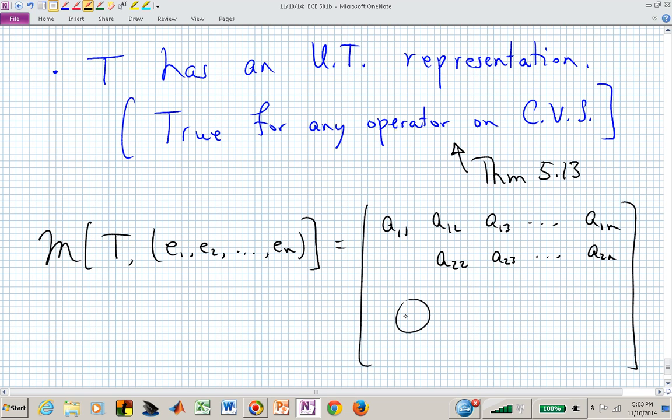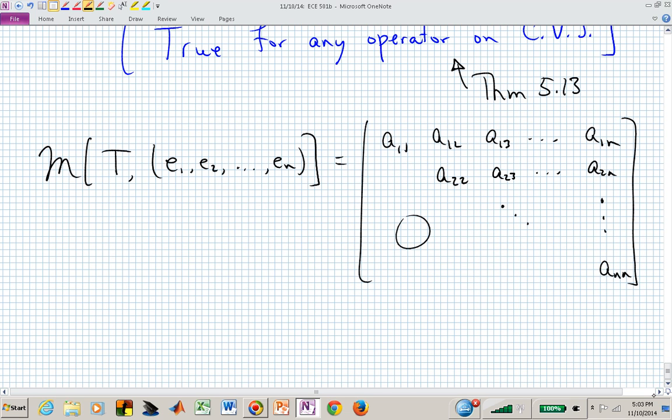Everything else below the diagonal is 0. We have an upper triangular matrix representation for this linear map T, where these basis vectors are some orthonormal basis, E1 through En.